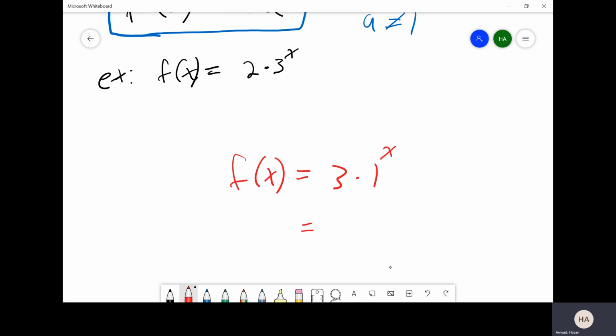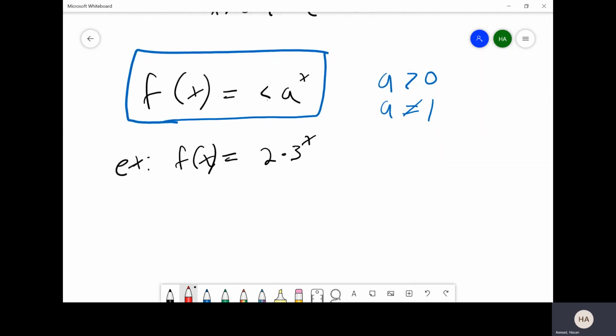So you would just have 3 times 1, which is 3, and f of x is equal to 3. Well, we know that this is just going to be a horizontal line, right? It doesn't matter what input you have for x. Your inputs for x can always be changing. Your output is always going to be 3, so this is a horizontal line, and this is not an example of an exponential function.